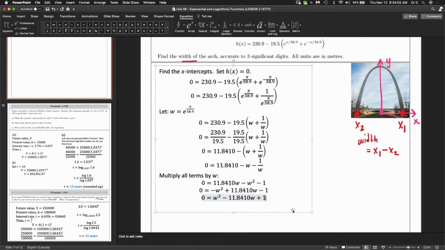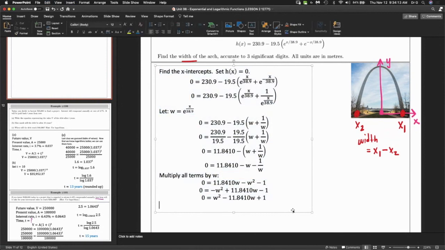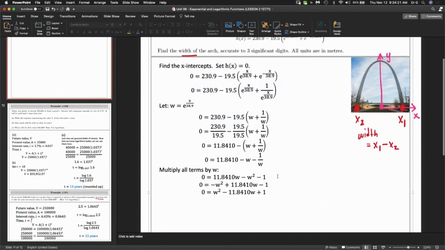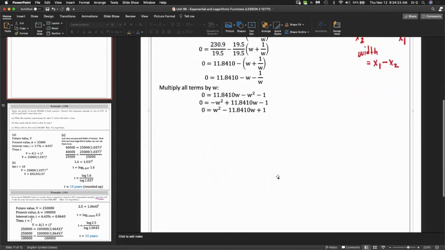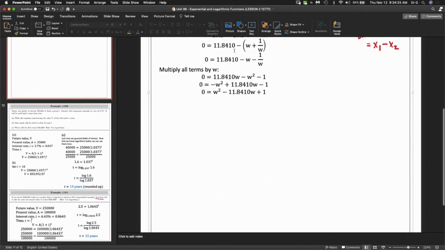And that, my friends, leads us into a very good place in terms of this question. See, now we have a quadratic equation, and we can solve for W just like you would solve for something with X. So let's go on to part 2 of this question. There's no parts to it, but in terms of the algebra, we can solve the quadratic now.